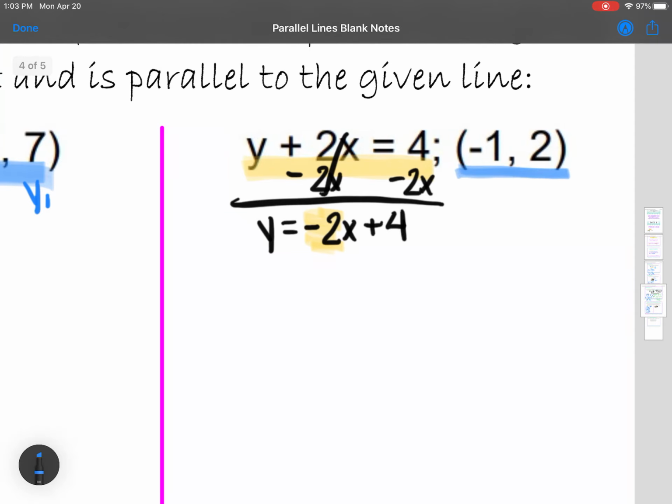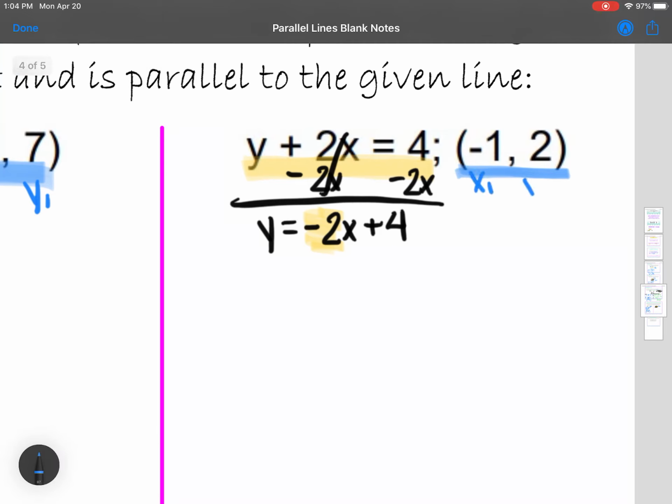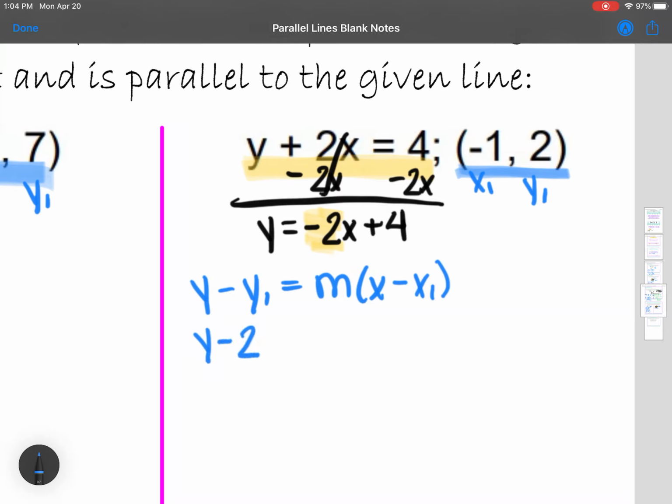Now I have negative 1, positive 2 as my x1, y1. And I'm just going to plug that into point slope form. So y minus y1 equals m times x minus x1. I'll plug in all my things. Y minus y1 is 2. My m is negative 2 times x minus negative 1. Minus a negative becomes plus 1.